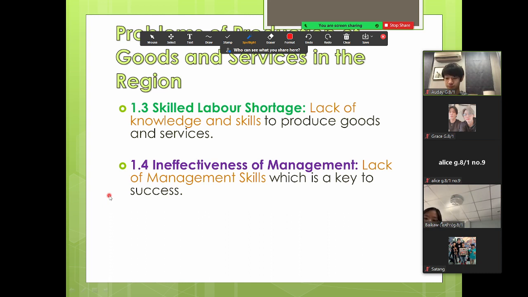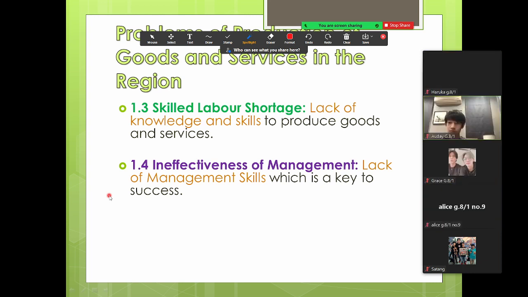Ineffectiveness of management. When they say ineffectiveness, it means farmers or entrepreneurs don't have the key ability to manage their resources and manage their funds.